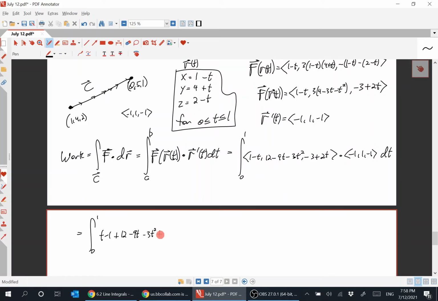plus times negative 1. Right, so plus 3 minus 2t dt. So integral from 0 to 1, what do we have here? So minus 3t squared, minus 2t, minus 9t plus t, so minus 10t.